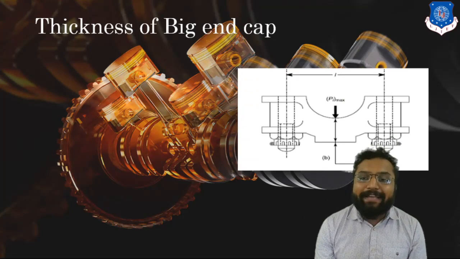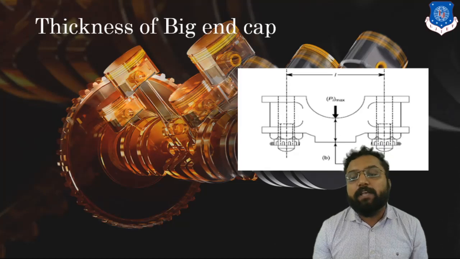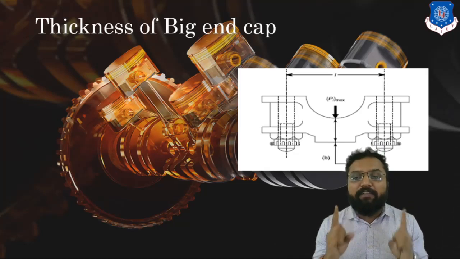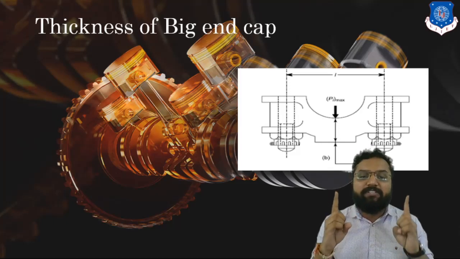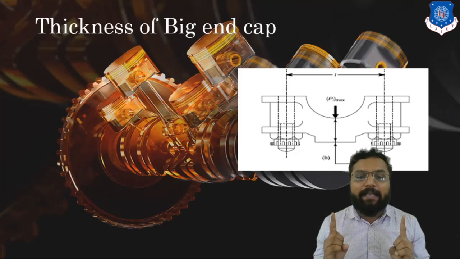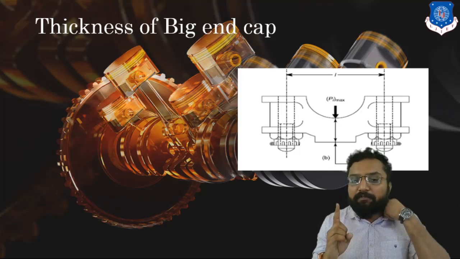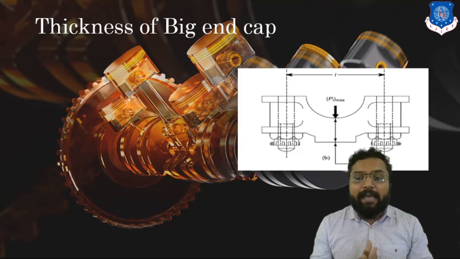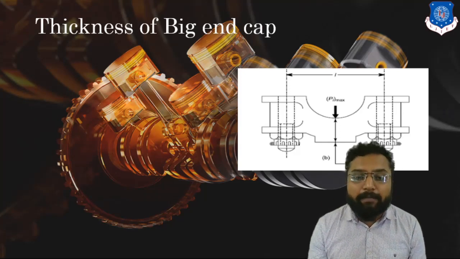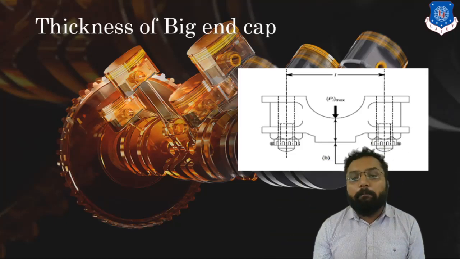After designing of this bolt, we are going to design the thickness of the big end cap. Now this big end cap is subjected to a bending stress. Why bending stress? This big end cap will act as a simply supported beam, which is supported at two ends, at the bolts, and loaded at the center. It will be directly affected by gas pressure as well as bearing pressure generated by our crank pin, because it is at the crank pin place.